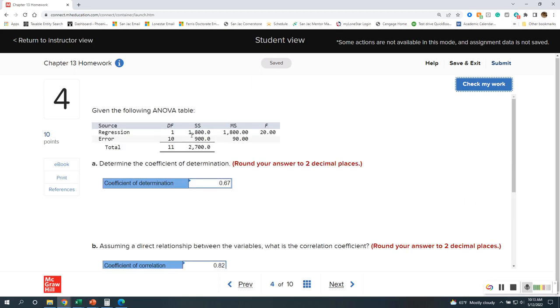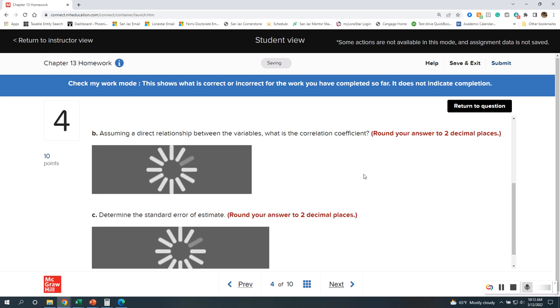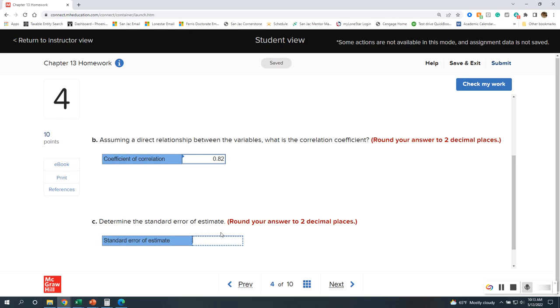So, standard error of estimate. Alright. I just had to play with it. Let's go find the formula. So, the standard error of estimate is going to be a fun one to calculate.